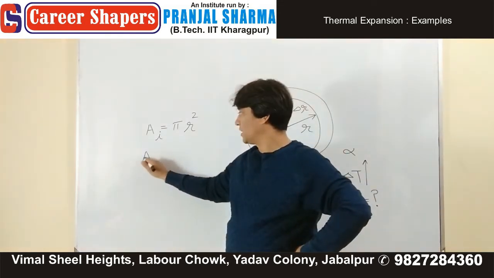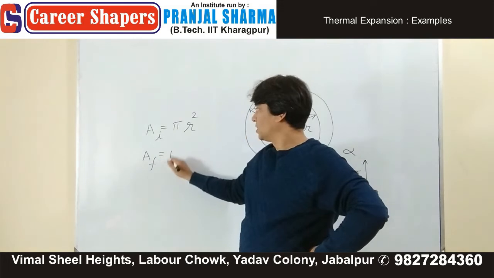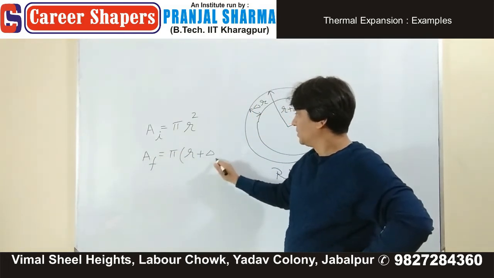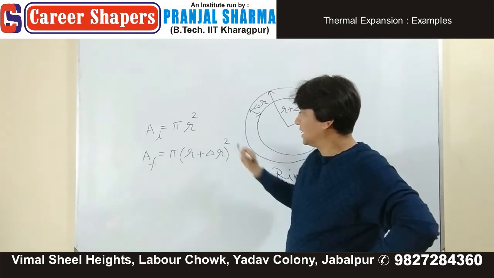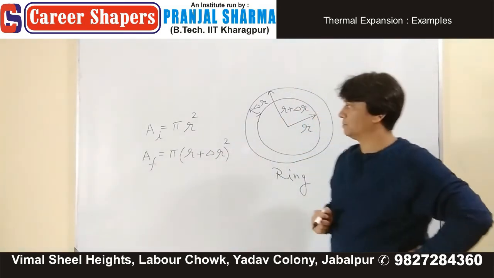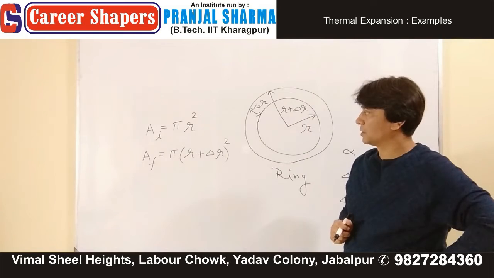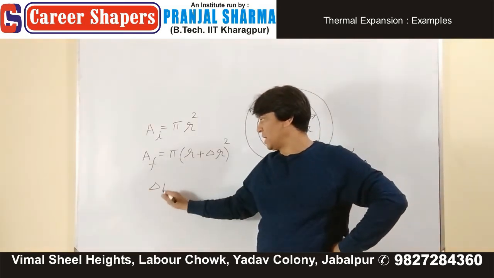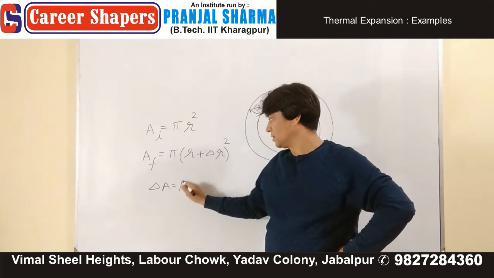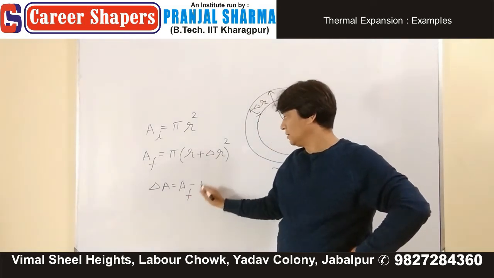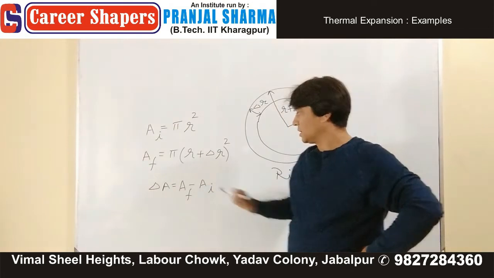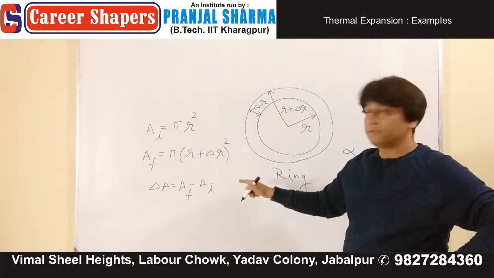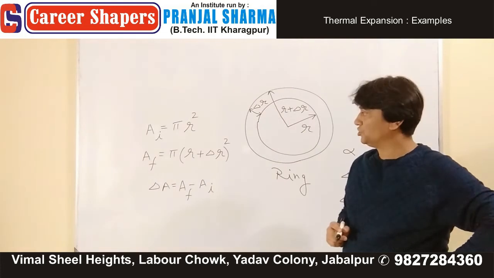What is the final area? Pi times r plus delta r whole square. We need to find delta A, which is A final minus A initial.